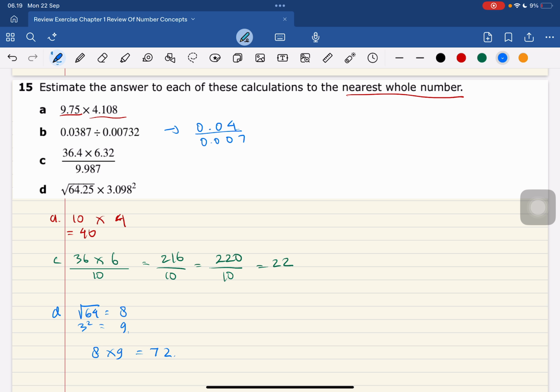Let's say 0.04, we divide by 0.007. This is going to be 5.7, and then just round it to the whole number. It's going to be 6. So for B, the answer is 6. Yeah, there it is. Thank you.